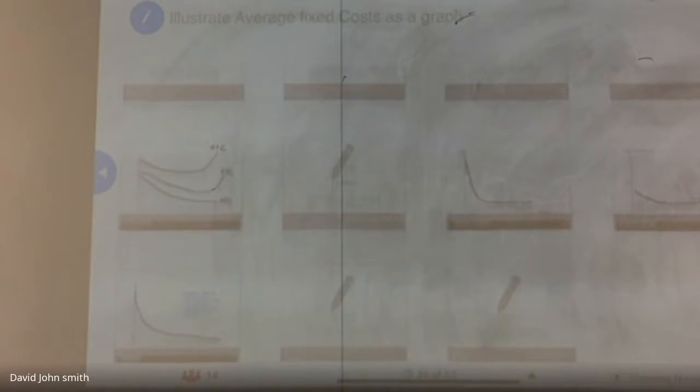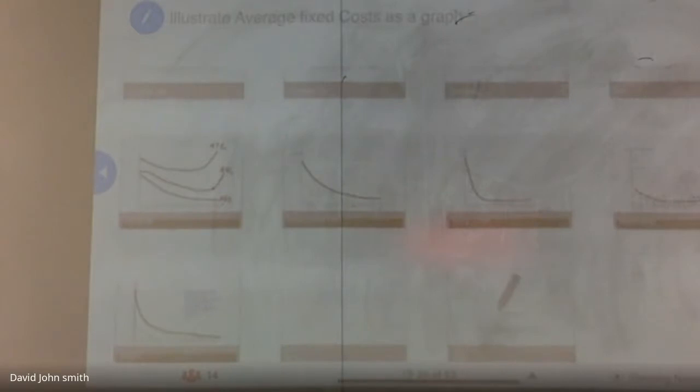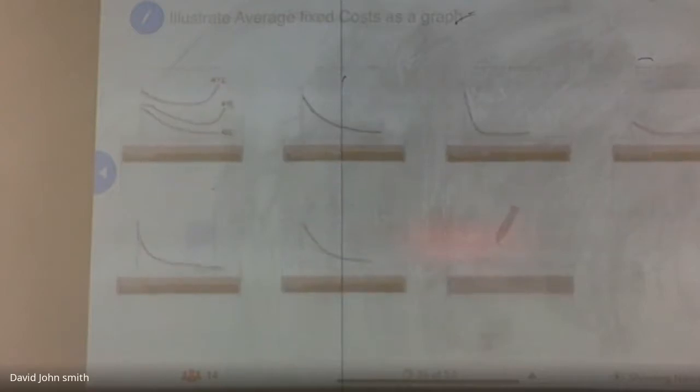Goodness me, you've got all heap curves in there, Gino. Well done. Yeah, that's looking good. Well done. Fantastic. Great job, team. Andy, good job.